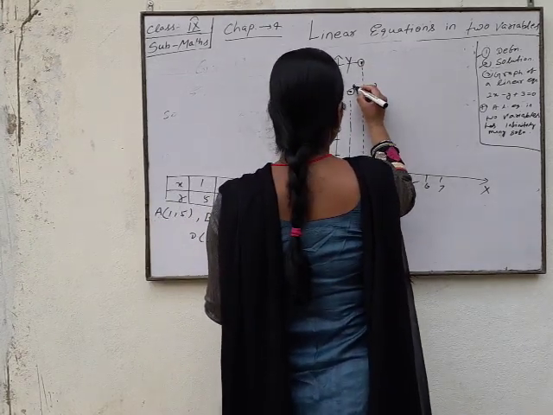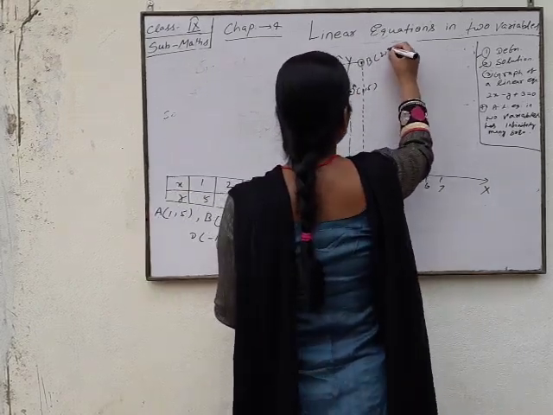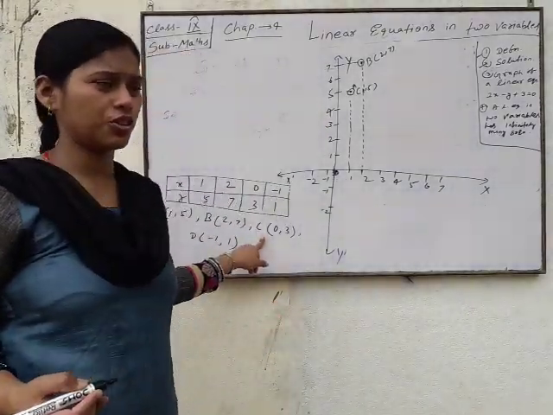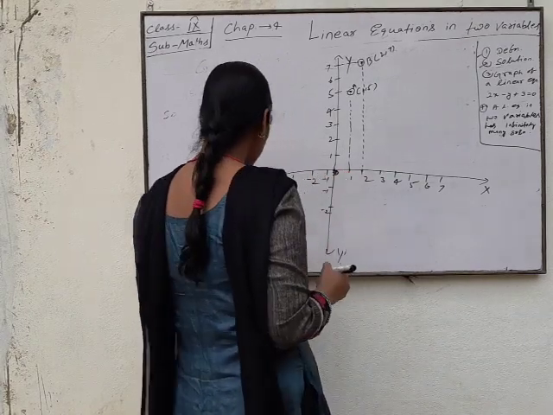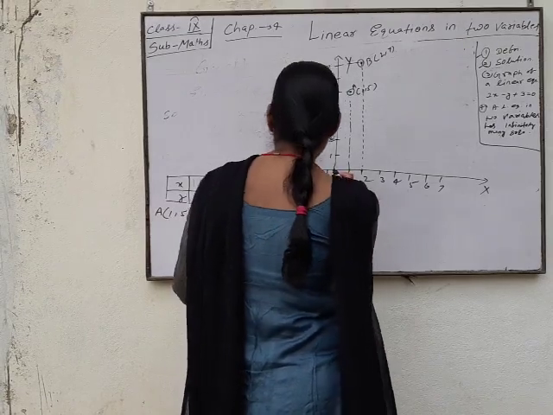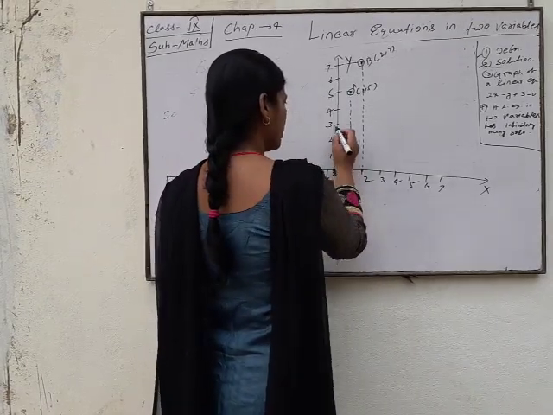You can also write A, B. This is 2, 7. And the third point, C, 0, 3. This is 0. 0 means this is the origin, the value of x is 0, and 3 is the value of y, this point.